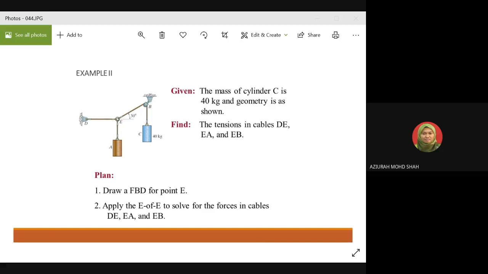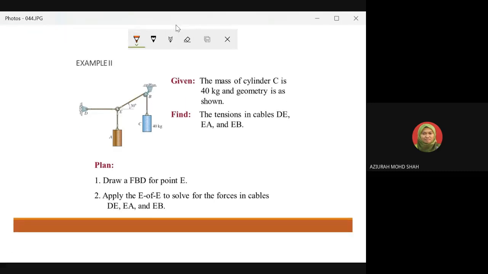Okay, siapa dah dapat jawapan? Dapat dah. Dapat berapa? EB, 400 Newton. Wait. I'm going to write the answer first. EB, mana ada AB?